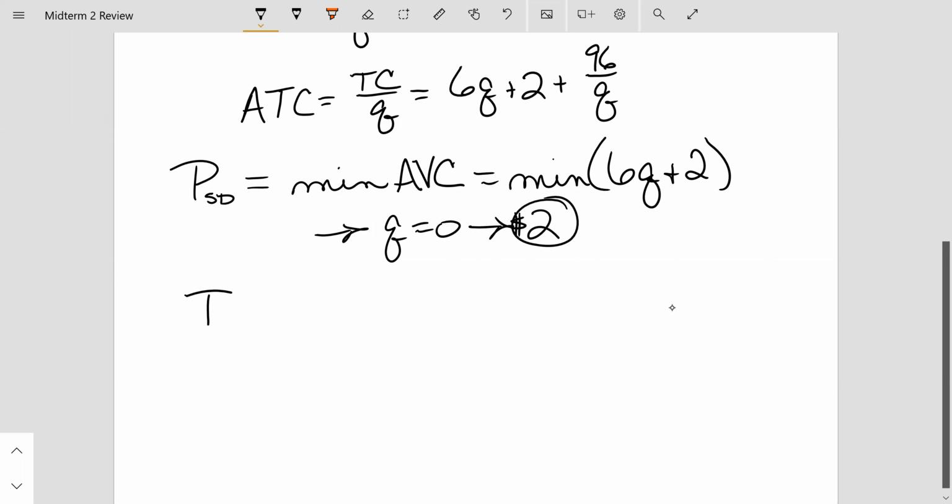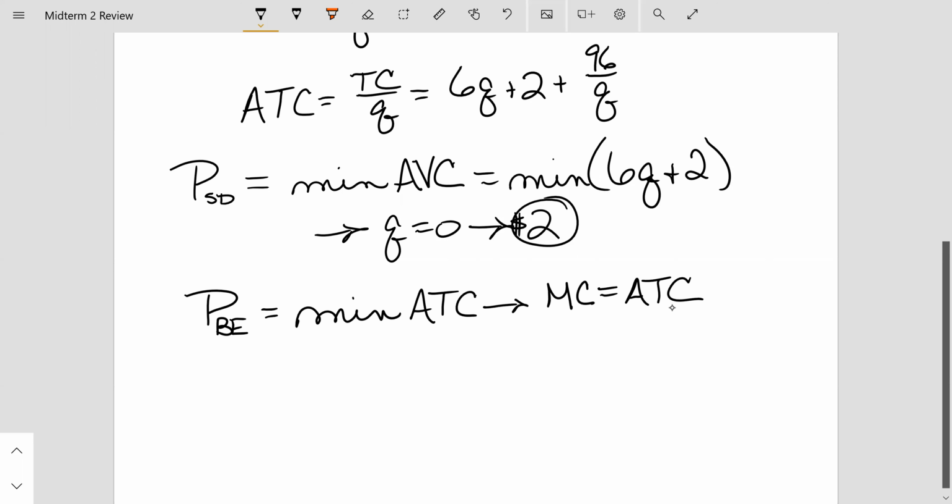Then to get the break-even price, what we're going to do is take the minimum of the average total cost. But to find that, if you don't know calculus, the marginal cost will always intersect the average total cost at its lowest point. So marginal cost is 12q plus 2, and that's equal to 6q plus 2 plus 96 over q.